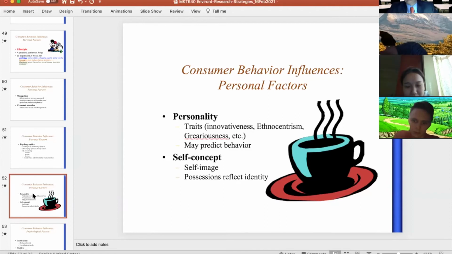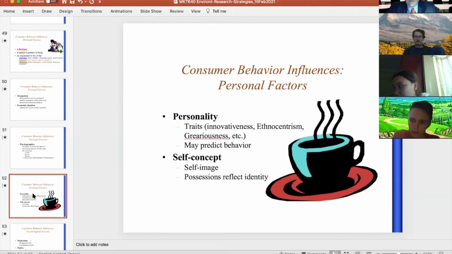Ethnocentrism is the same. Ethnocentrism is someone who would say, I'm French and everything that is made in France is better. I'm American and everything that is made in America is better. Therefore, I don't buy Chinese, Mexican, Canadian, German, Italian, because I'm not from this country.